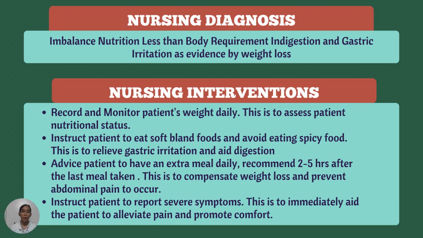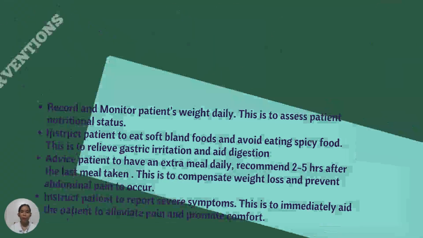And then we're going to advise the patient to have an extra meal daily, recommended 2 to 5 hours after their last meal, since they have symptoms of weight loss. This is to compensate for weight loss and prevent abdominal pain from occurring. And then we're going to instruct the patient to report severe symptoms, as this is to immediately aid the patient to alleviate pain and promote their comfort.